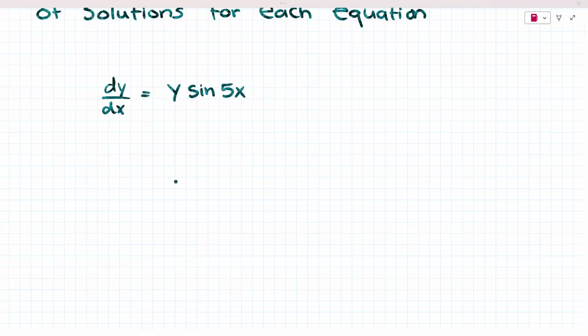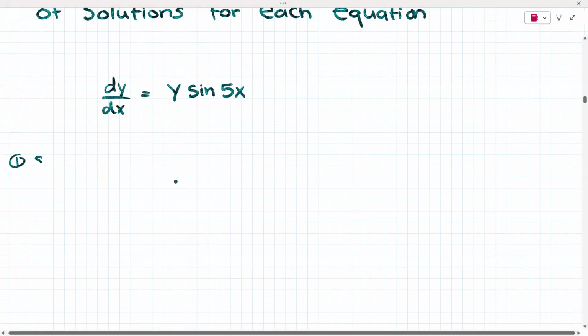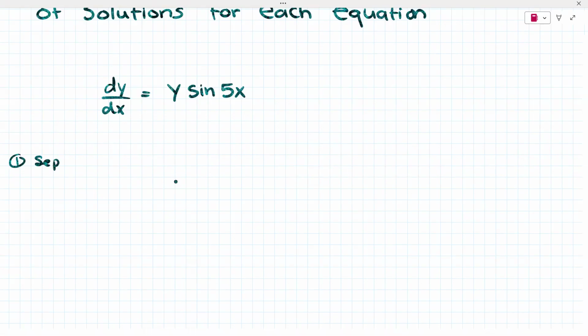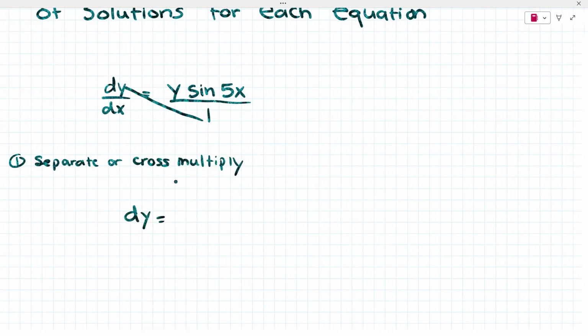Step 1, I would separate, or cross multiply. This has a denominator 1, so go ahead and cross multiply. 1 times dy is dy, and this whole thing, y sine of 5x times dx, is itself.